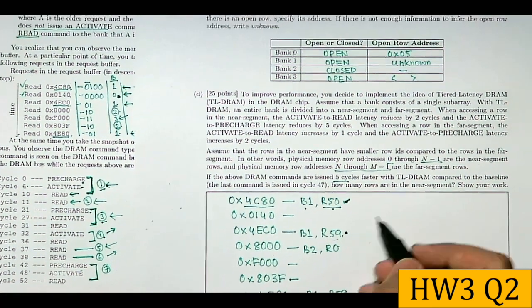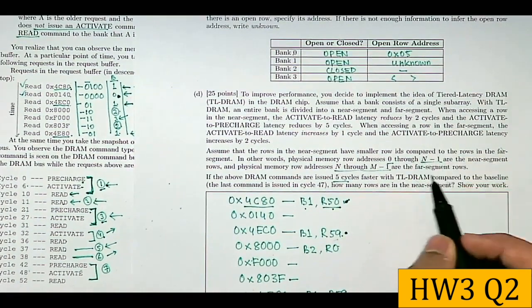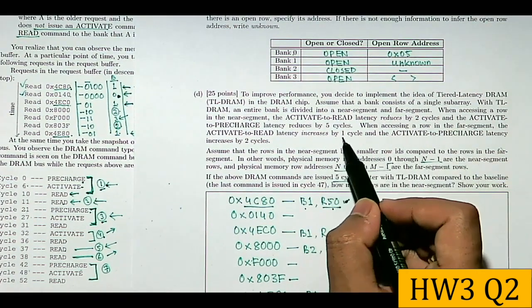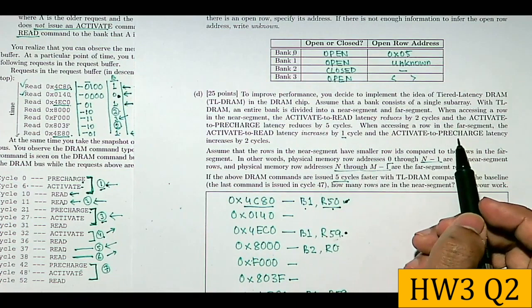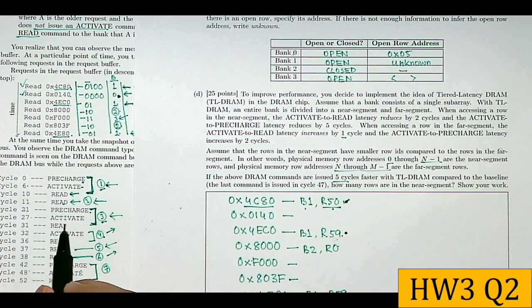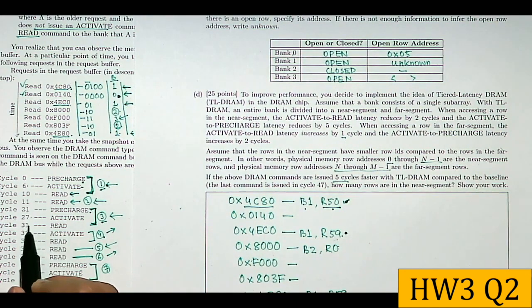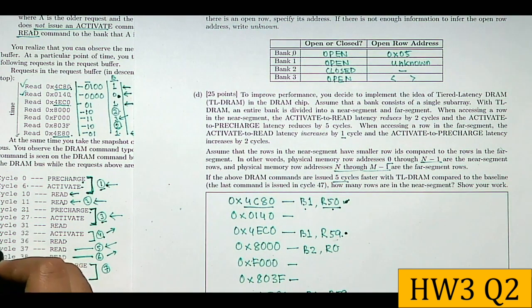So your activate to read will actually get penalized. Activate to read is increasing by 1 cycle. Previously it was at 4 cycle latency, now you have to charge 5 cycles. So now this will actually come to 27.